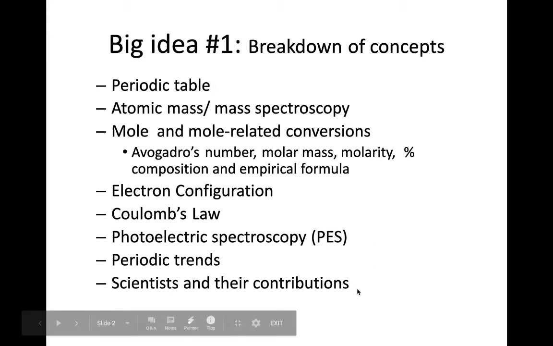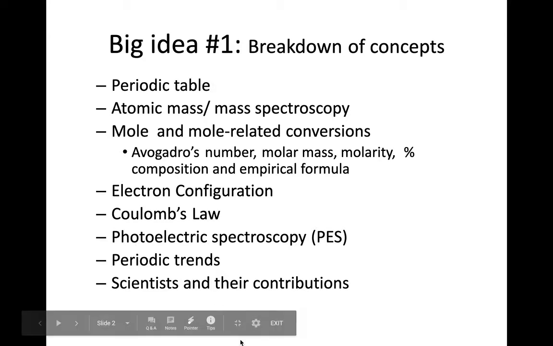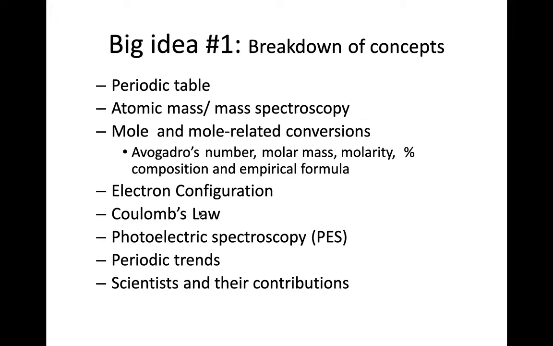And then we're actually going to start with just a quick overview of some of the really famous scientists and really famous experiments that helped us develop our current understanding of the atom and atomic structure. So we'll start here, then we'll talk about some of the analysis techniques and finish up with the rest of these ideas.